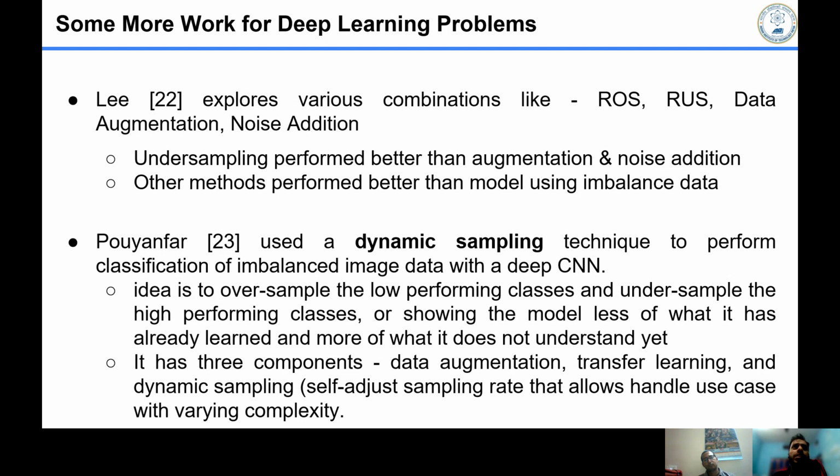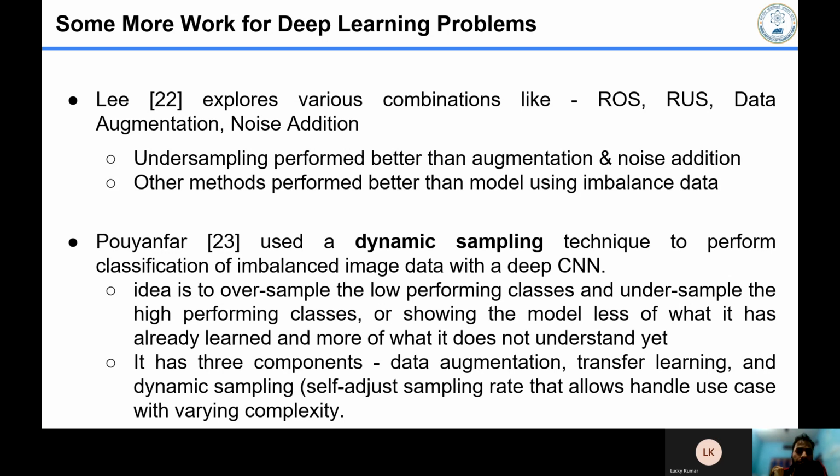It is on the same analogy as human work: basically showing the model less of what it has already learned. Where you're making less error, it means that you have learned the pattern, so I will present less data around those patterns, and then I will pass more data for the cases where the model is throwing more error. On this simple analogy, this algorithm is built.